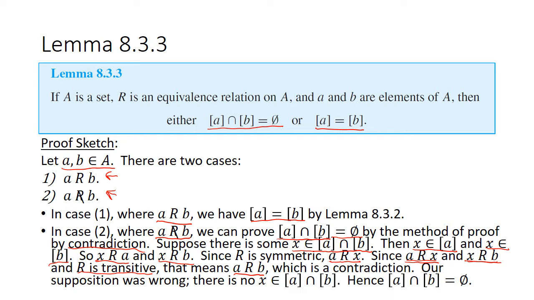That's a contradiction, because we started out in this case by saying that A was not related to B. So our supposition was wrong. We supposed there was some X in the intersection of the equivalence classes of A and B. If that was wrong, then there is no element X in the intersection, and so that intersection must be empty.